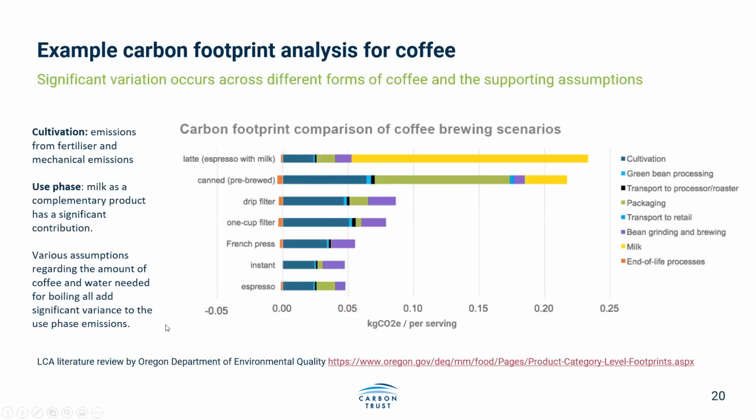So here's another slide I just put out from the Oregon Department of Environmental Quality, and quite interesting, looking at the different carbon footprint of different coffee types and different scenarios.